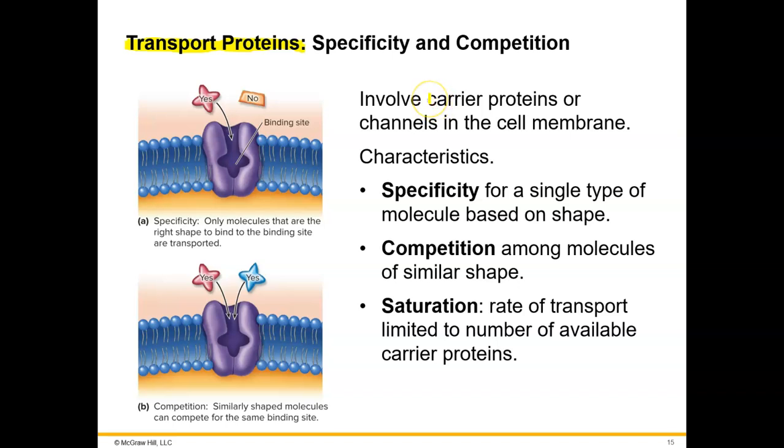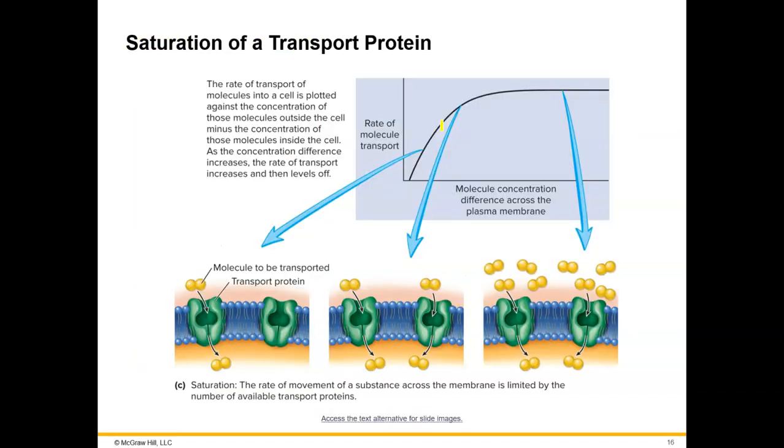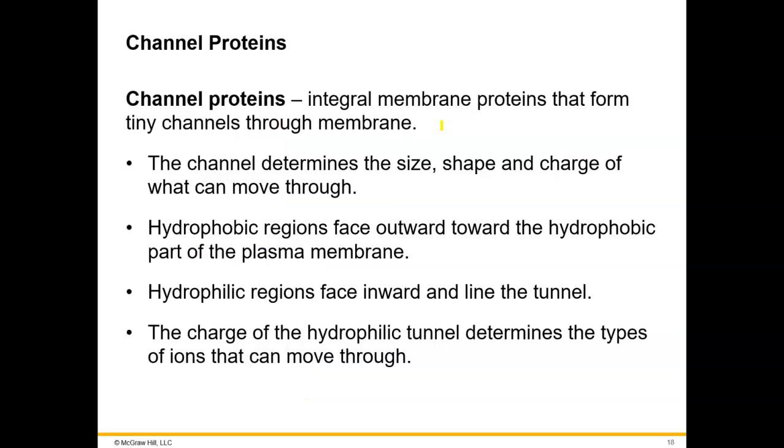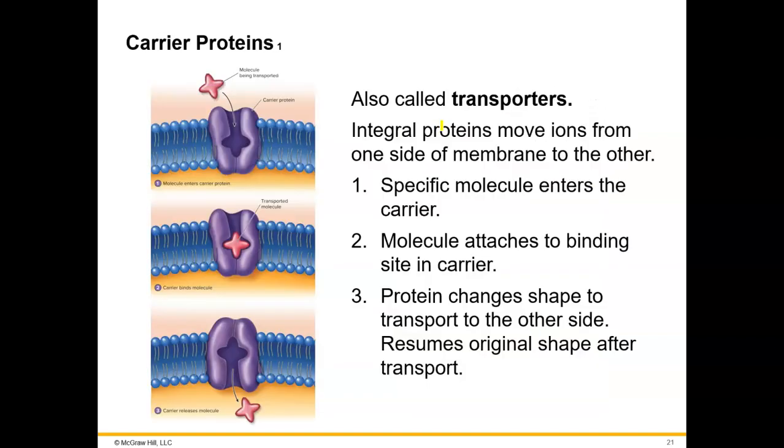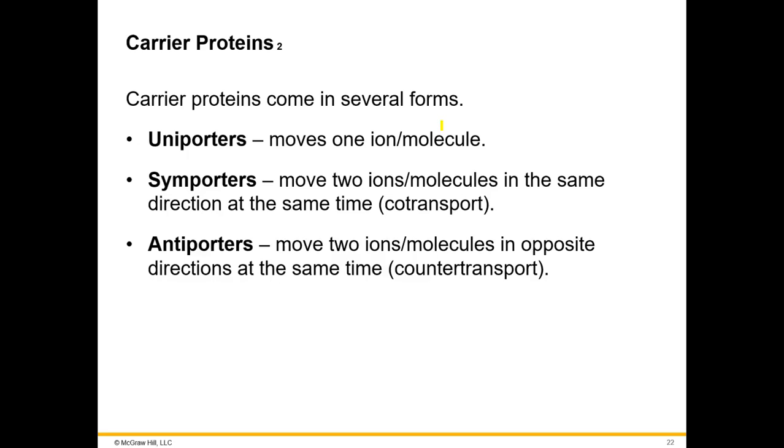They're called carrier proteins if they chemically bind to a substance and carry it across, but they're called channel proteins if they just form an open channel for that substance. There is a section on ion channels, but we go over that when we get to muscle contractions.